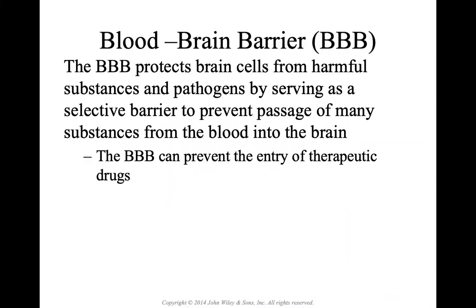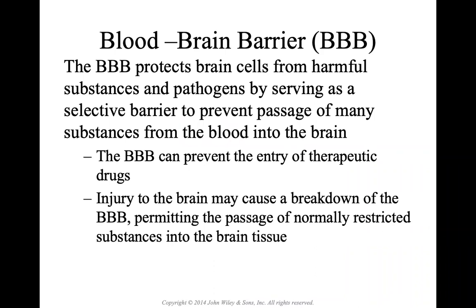So the blood-brain barrier protects the brain cells from harmful substances and pathogens and microbes by serving as this protective and very selective barrier that can prevent the passage of substances going from the blood into the brain.